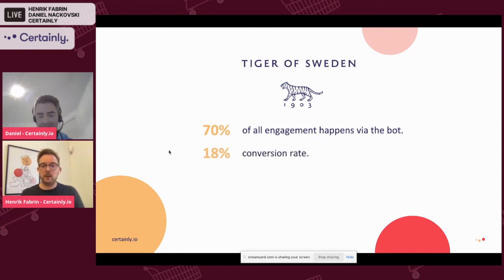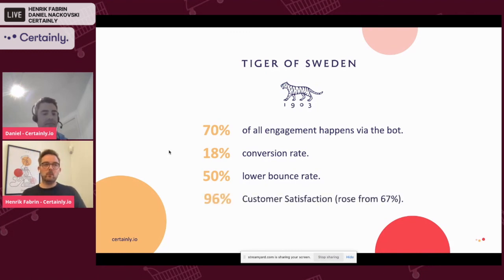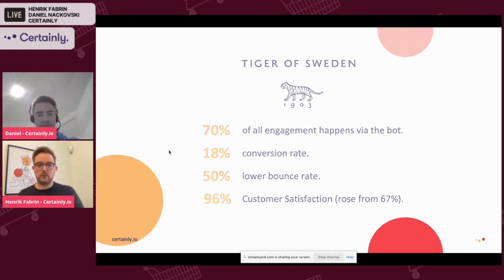In the bot, they see on average an 18% conversion rate when users engage with it. They've also seen a 50% lower bounce rate because it picks up on the unique intent that Daniel talked about. And by using it for ticket deflection and across the customer journey, they've also managed to increase customer satisfaction from 67 to 96% in a period of 6 months.